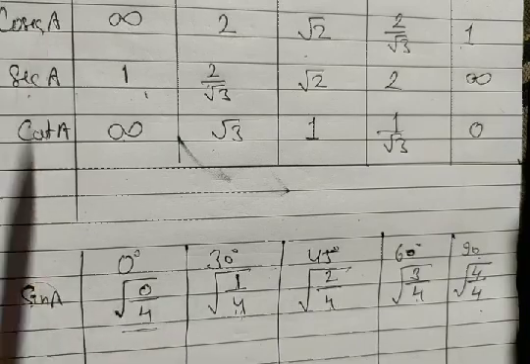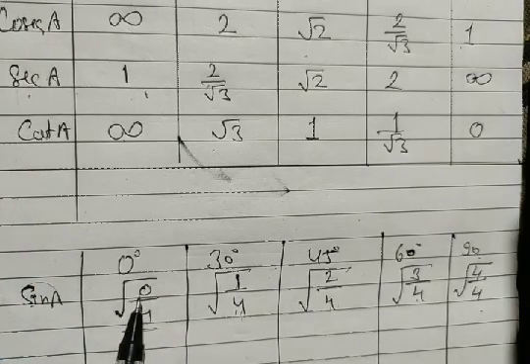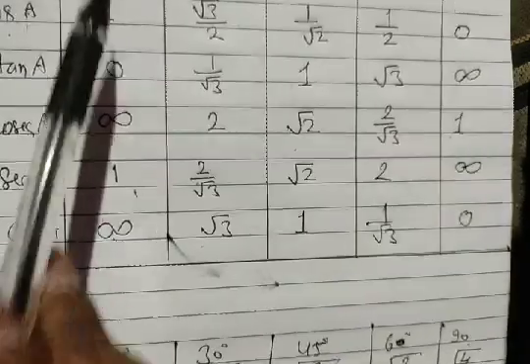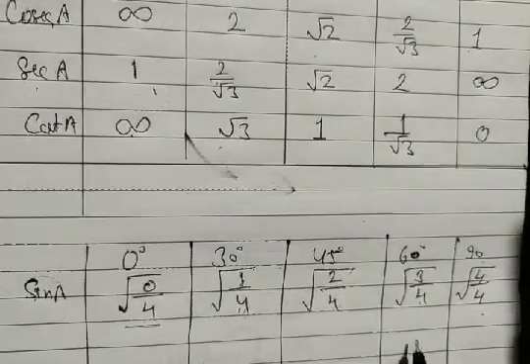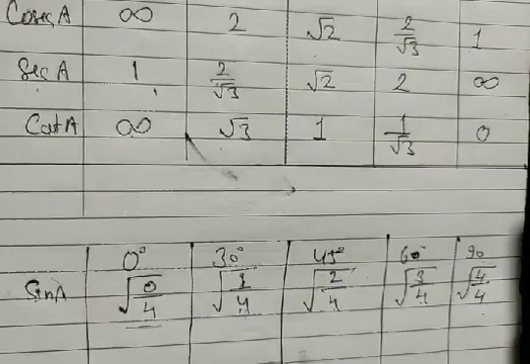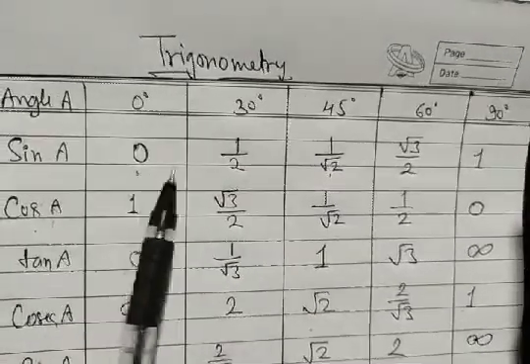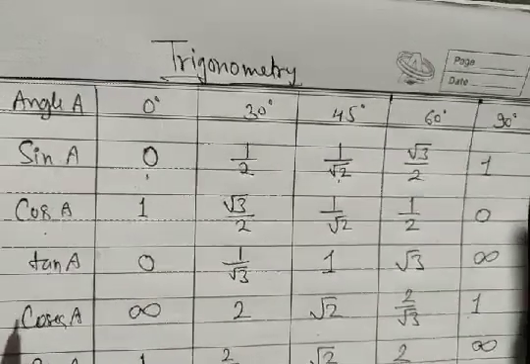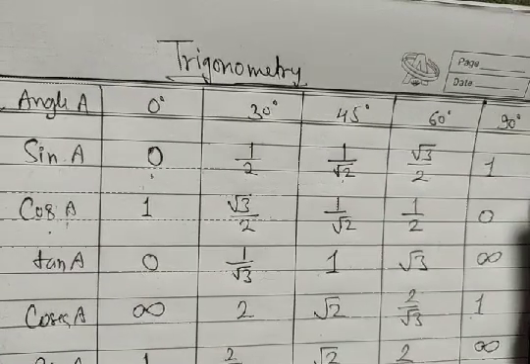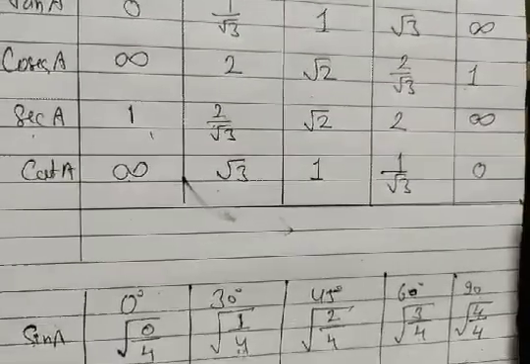It cannot give 0 there, but since we have 0 by 4, we get 0. Then we write 0 here. This is used only for memorizing, it's not a mathematical concept. You have to get these values by the geometrical concept we discussed in our yesterday's classes. You have to follow the rules to find these values.